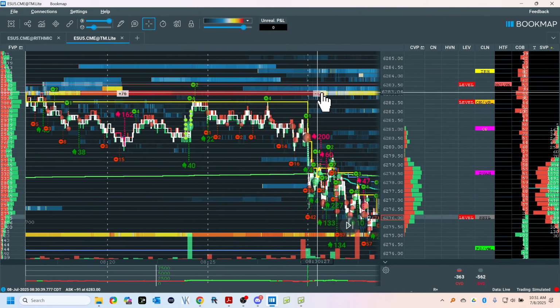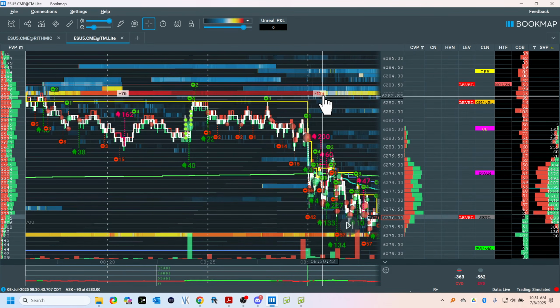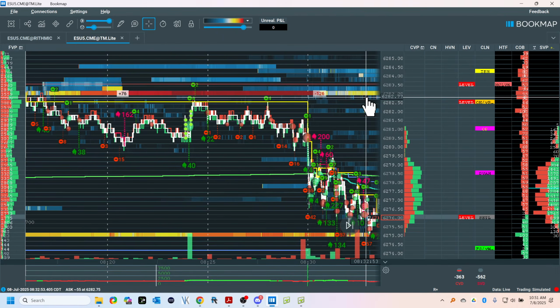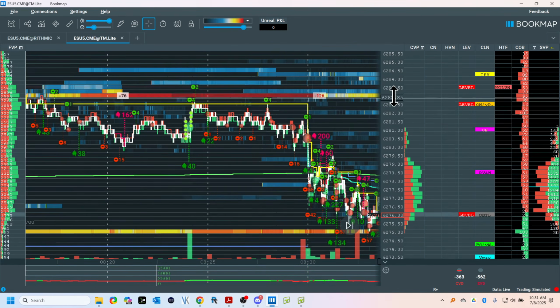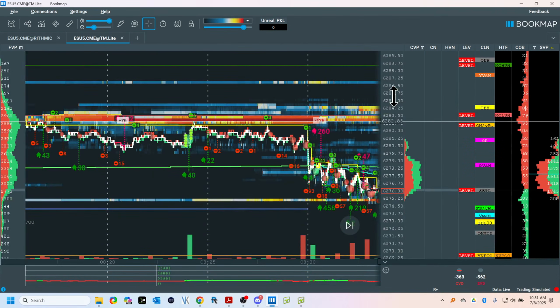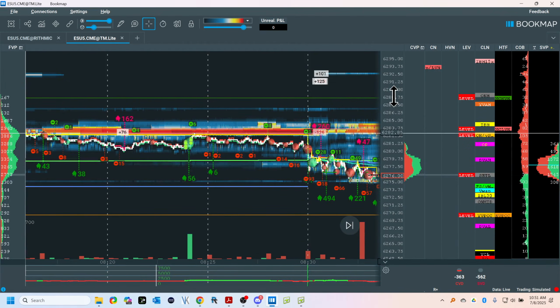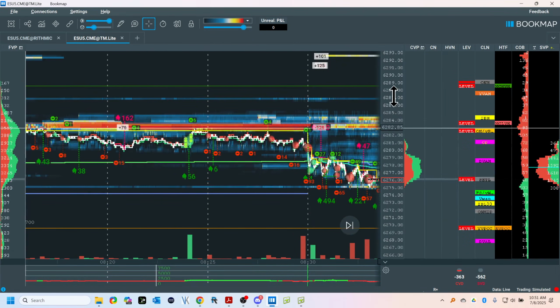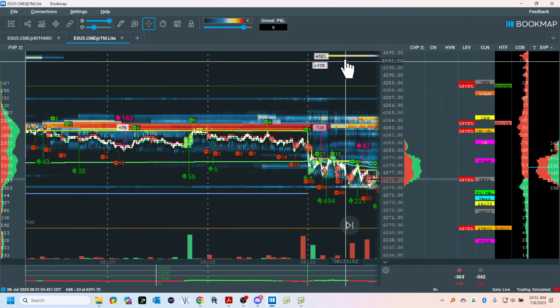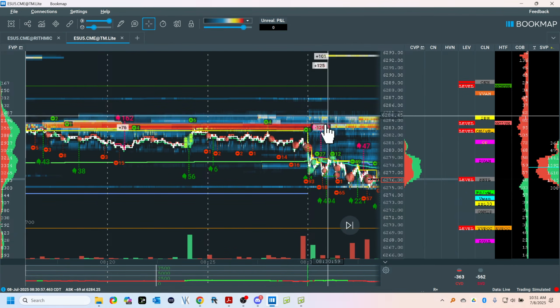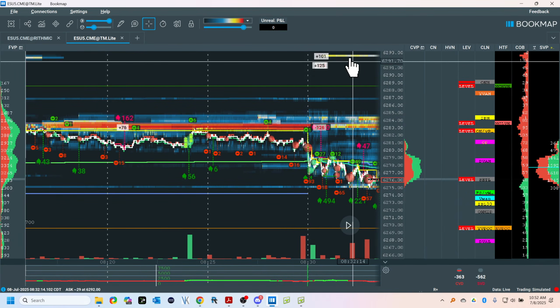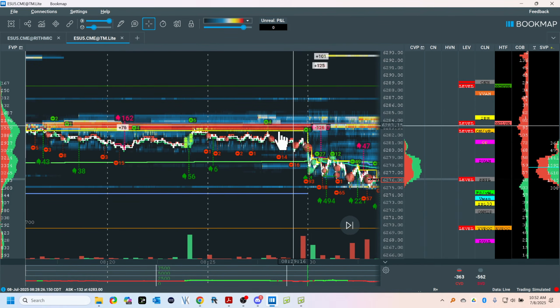Now, when these guys start pulling, you can see 126 came out. It starts lightening up. The other thing to know about this is, as you scroll up and down, the heat map's going to adjust to wherever the most liquidity is. So if I was to zoom out and not have this on here, this would show up as the darkest. So it's based on what's on the screen.